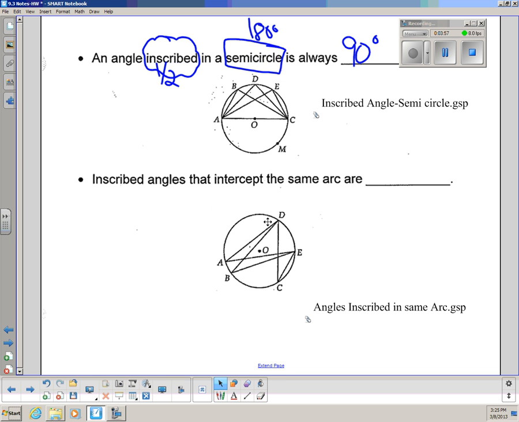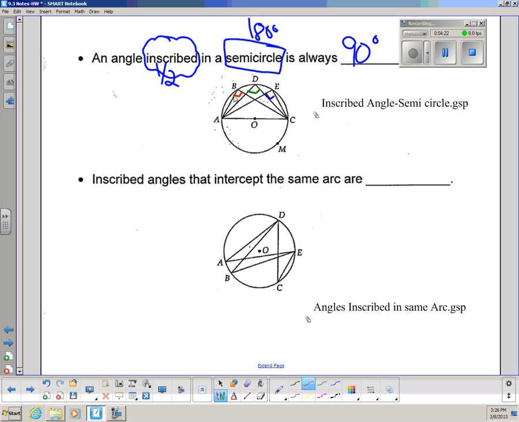So what's happening here then is the measure of angle ABC is 90 degrees. The measure of angle ADC is 90 degrees. The measure of angle AEC is 90 degrees. Inscribed angles that intercept, that sit in the same arc. Well, think about that.